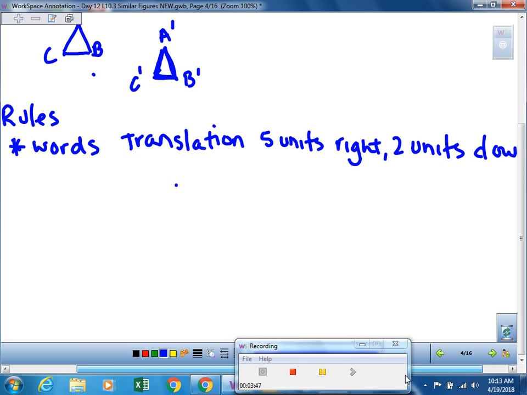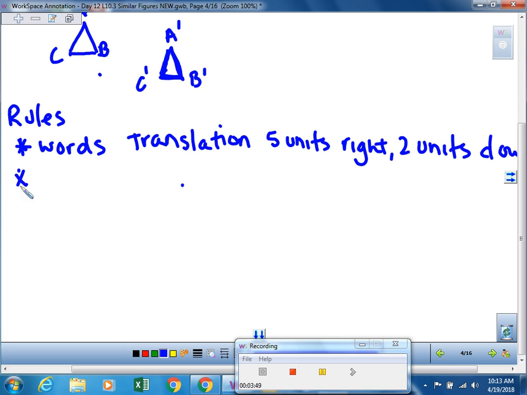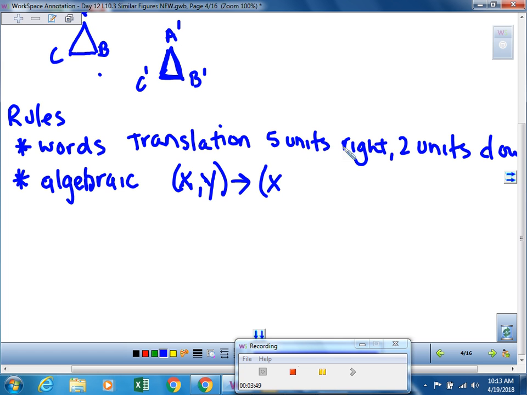And then algebraic. Algebraic is going to be (x, y) becomes, and then if I do the algebraic for this, x, what am I doing when I go to the right?